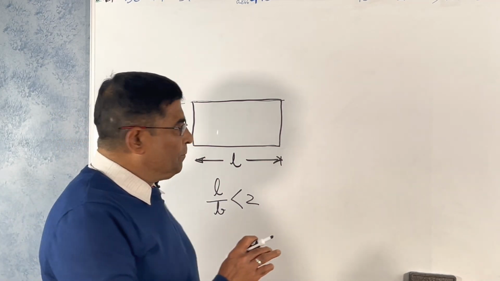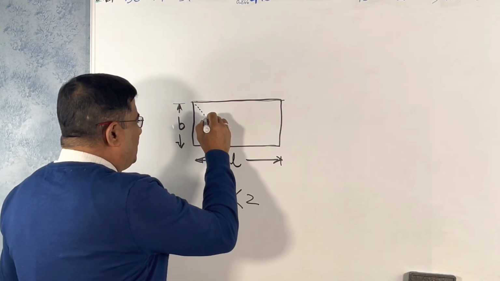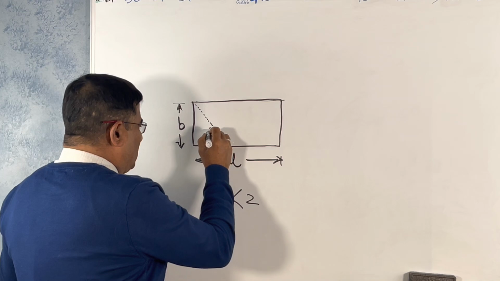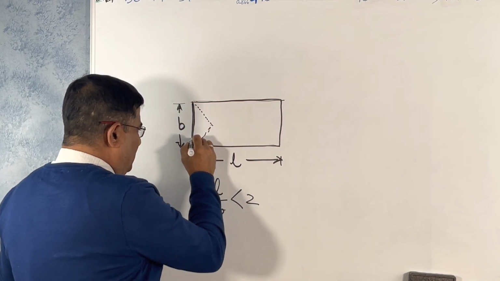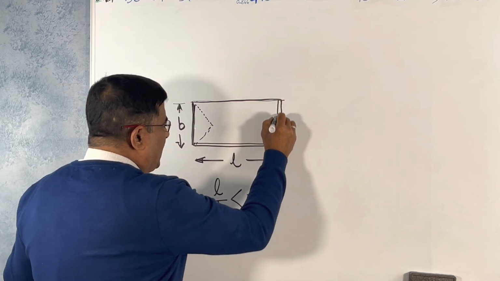The characteristic of a two-way slab is that part of the load goes to the beam there, and to the beam there, under that slab.